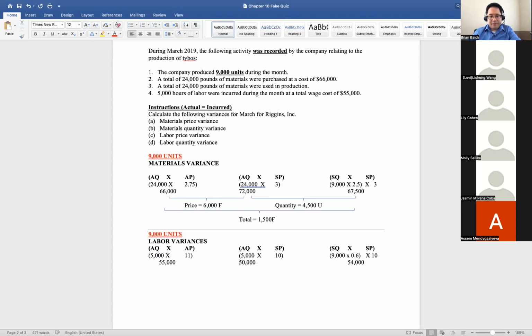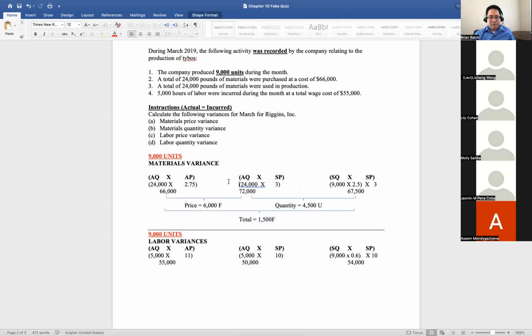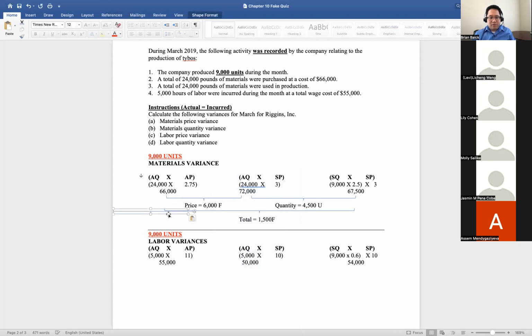Now we have all of these numbers. We can figure out the variance between the first and the second number.